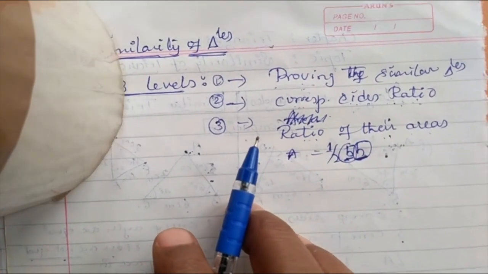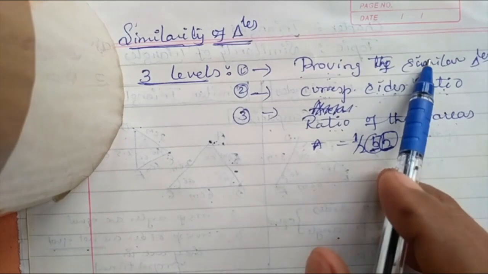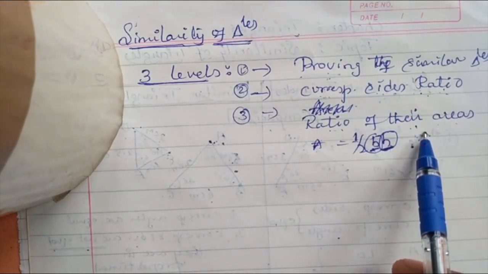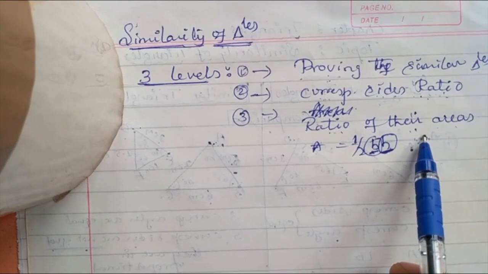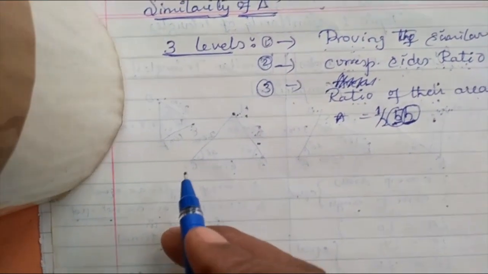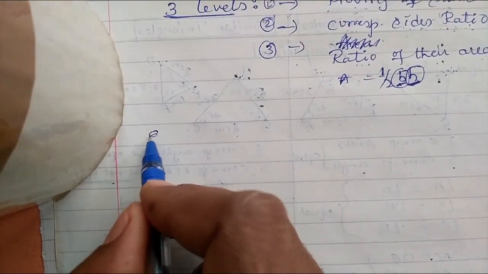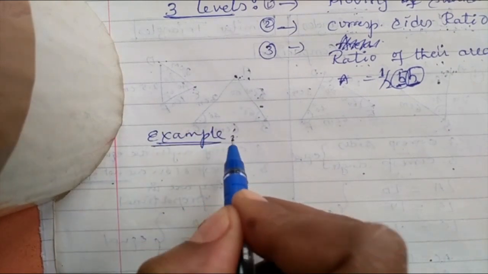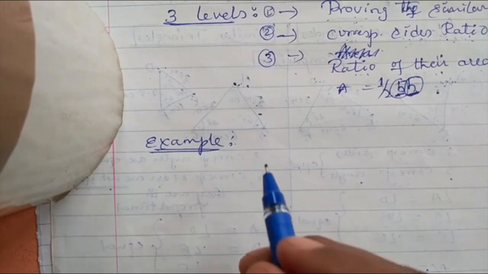These are the three levels of similarity of triangles. One is proving, second one is writing the sides ratio, third one is writing their areas ratio. Got it? We go for one best example to understand more about similarity of triangles by these three important levels.